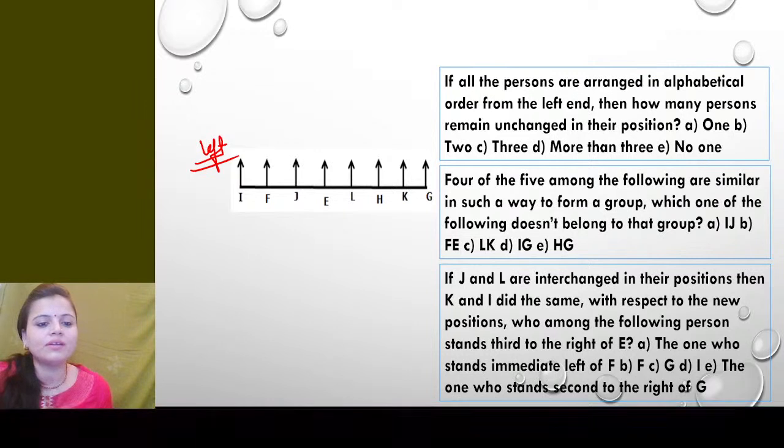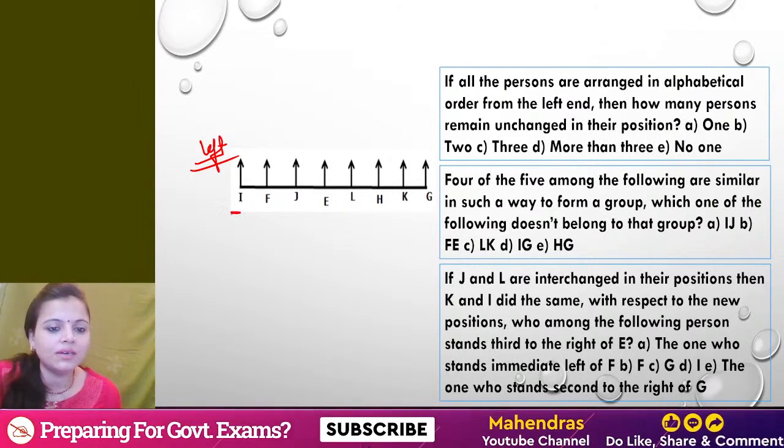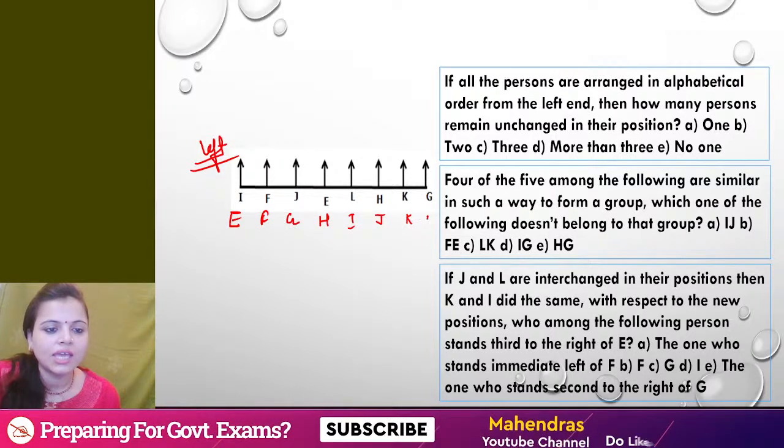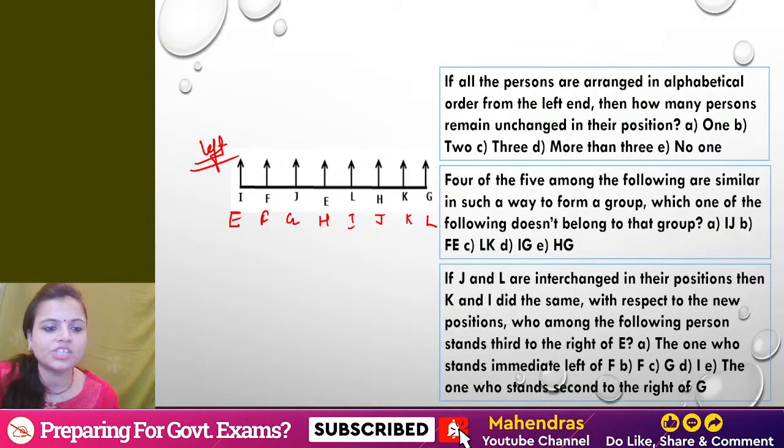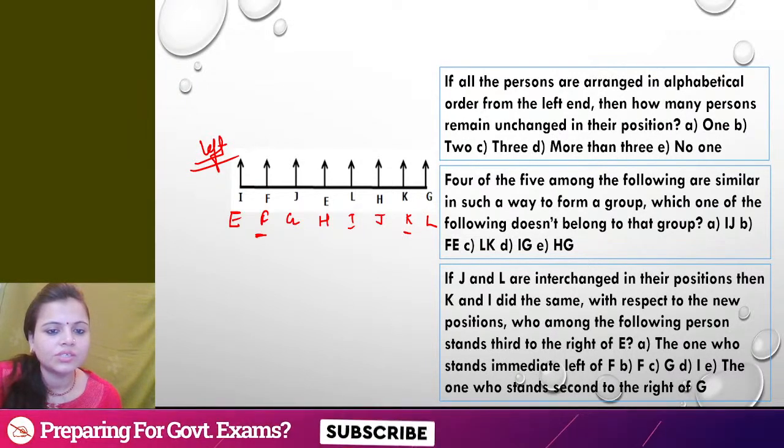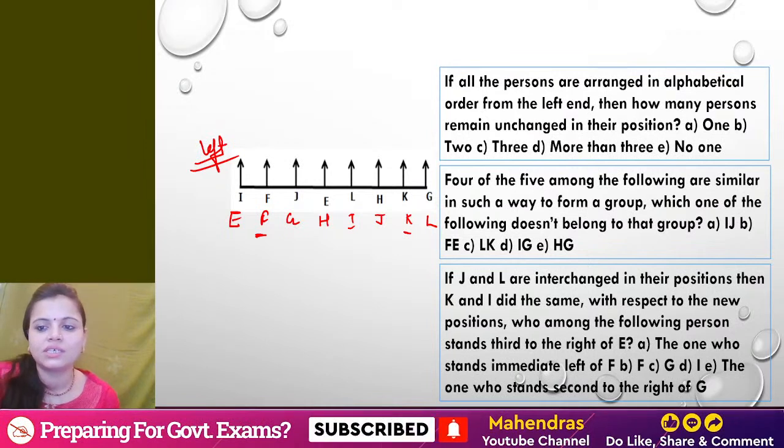So from left hand, E, F, G, H, I, J, K, L. So how many persons remain unchanged? F and K. So 2 persons.